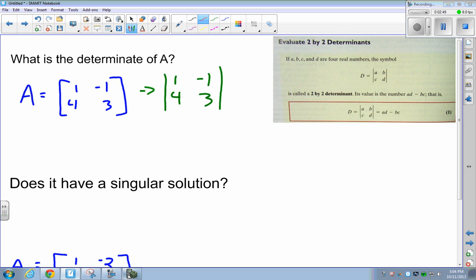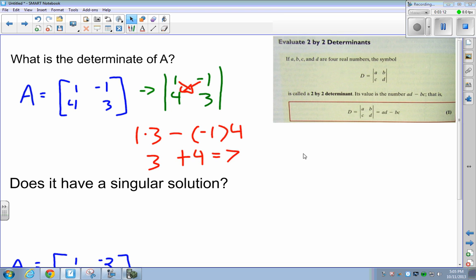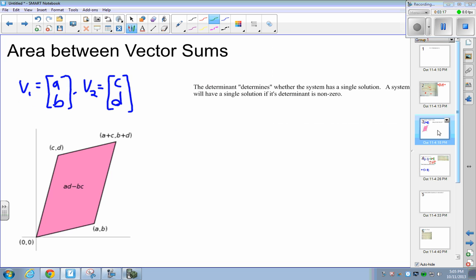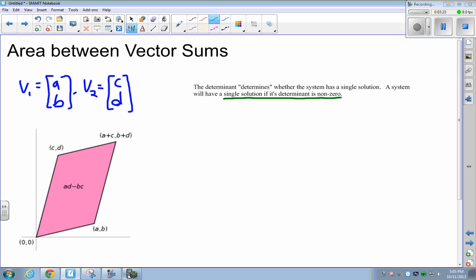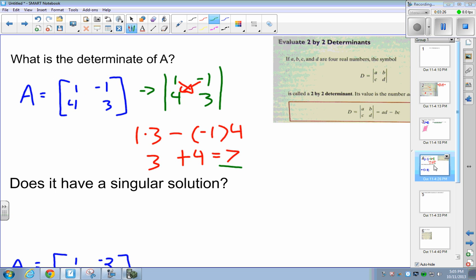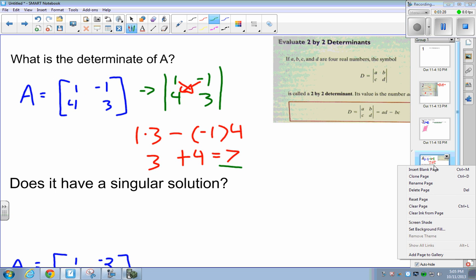Now, multiply across: 1 times 3 minus -1 times 4. Now this is equal to 3 plus 4, which equals 7. Okay, so that's our determinant. Now I asked the question, does it have a single solution? The answer to that would be yes. If we look at the previous slide, it says it has a single solution if the determinant is non-zero. And this one is 7, which isn't 0, so the answer here is yes.